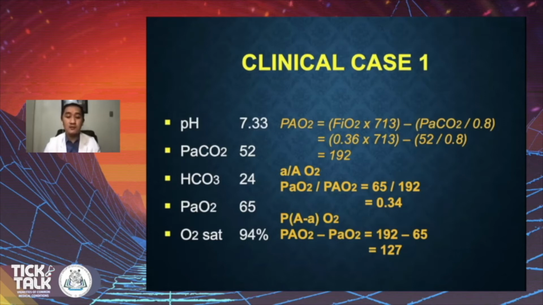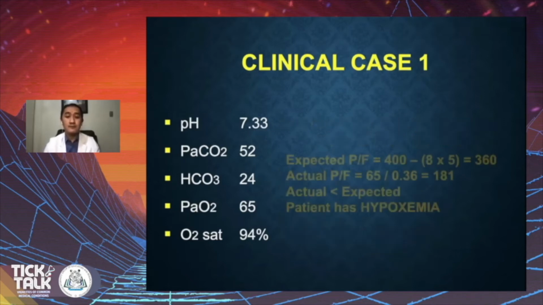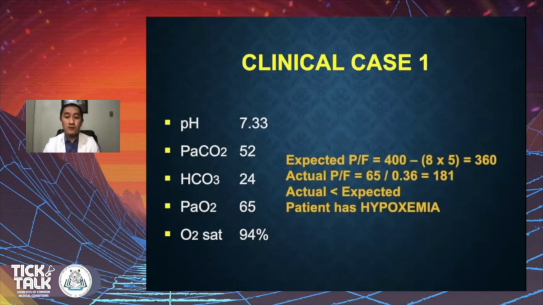So the A-a gradient is widened or increased. And when we talk about PF ratio, the expected PF of this patient is 400 minus 8 times 5, which is 360. And the actual PF ratio is 181. So based on the expected and actual, the patient has hypoxemia.